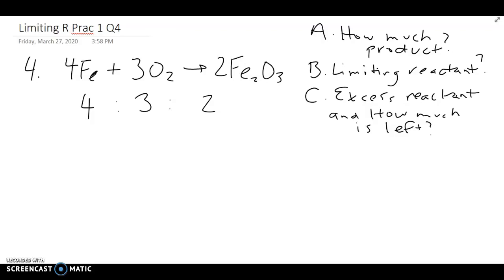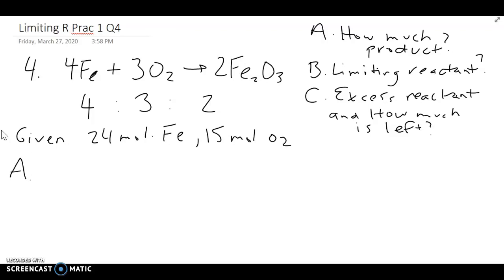And we are given 24 moles of Fe, iron, and 15 moles of oxygen. So, A, how much product are we going to get? We need to start by doing the problem so that we can figure out how much product each of these reactants, if fully used, is going to make, so then we can determine our limiting reactant.